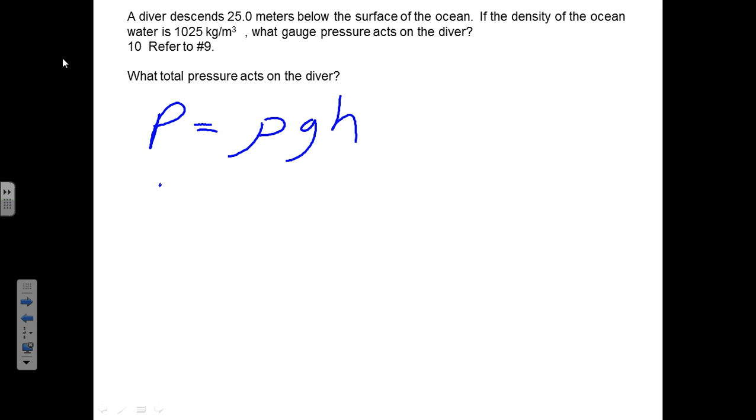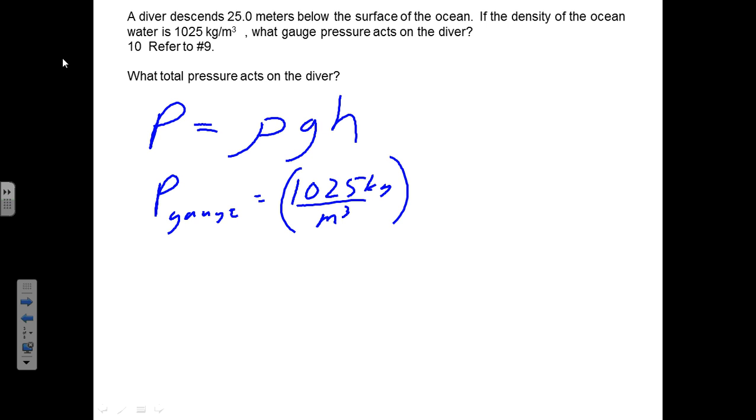So in this case, the pressure, and again we're finding the gauge pressure first, is going to be equal to the density of the water, 1025, times gravity, 9.8, times how far below the water the person is, that's the height, 25 meters.